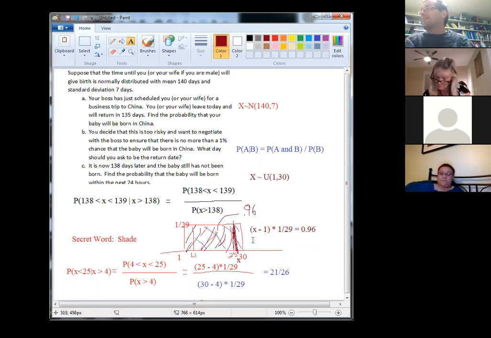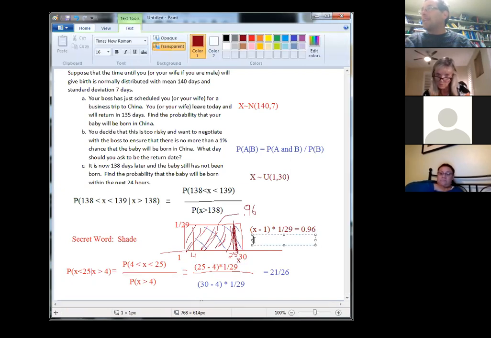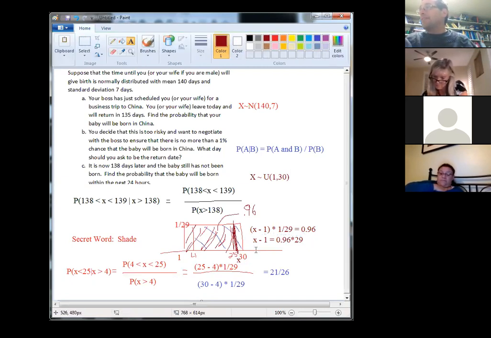Now algebra, which you probably love, right? I actually do love algebra. Good, then you better be able to do this. Multiply left and right by what number? 29. And we get x minus 1 is equal to 0.96 times 29. Now what do we do to both sides?